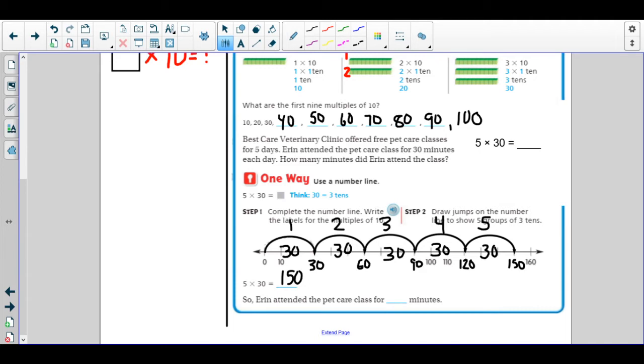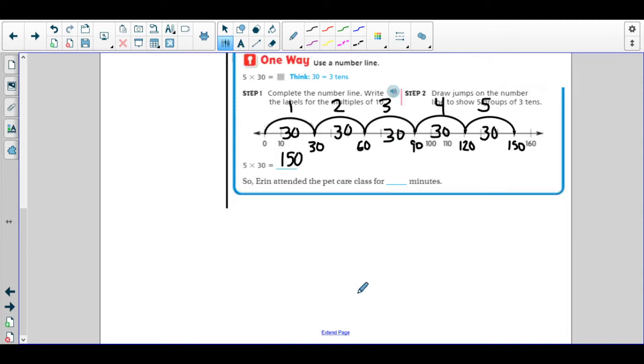All right. Now, I'm looking here at some of the different ways in this other page, but here's what I would venture to say. And we've done this before. What is 5 times 3? Right. That is equal to 15.